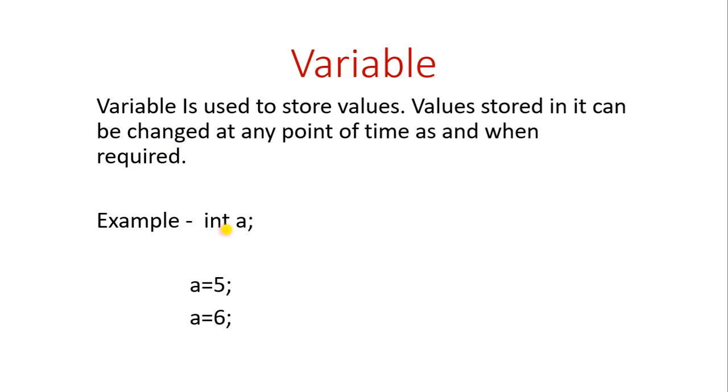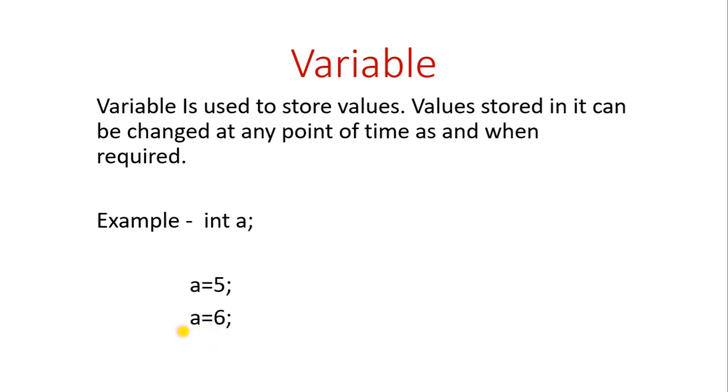For example, I have written here int a. I have declared a variable, and a gets the memory allocation when I declare it. Then I have assigned a equal to 5, so the value 5 is stored in the variable a. After that, in the same program on the next line, I have written a equal to 6.